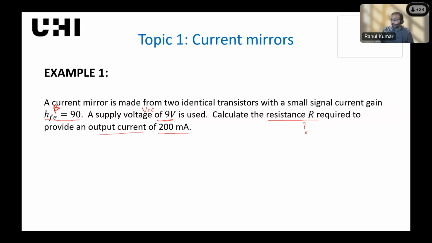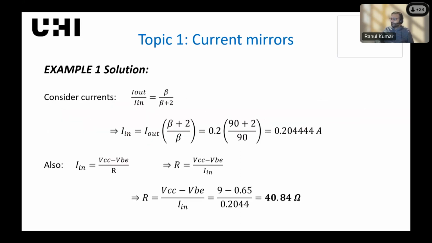This is my output current, I out. So we have just now seen two formulas. We can use them to calculate the value of resistance. Shouldn't be too difficult.